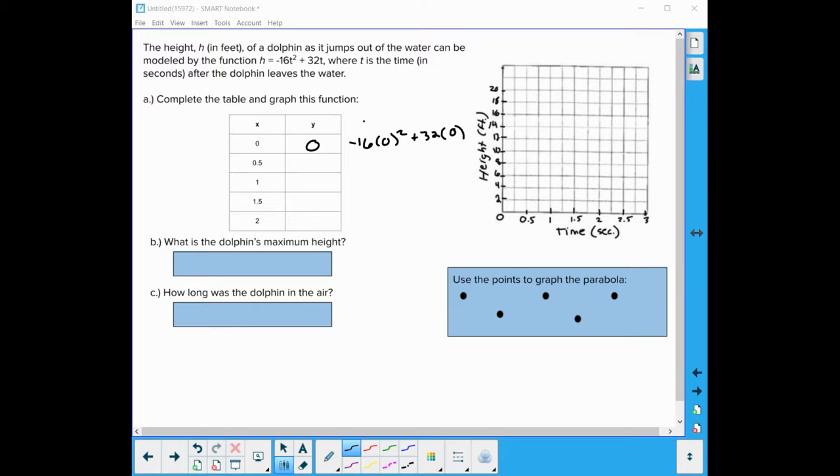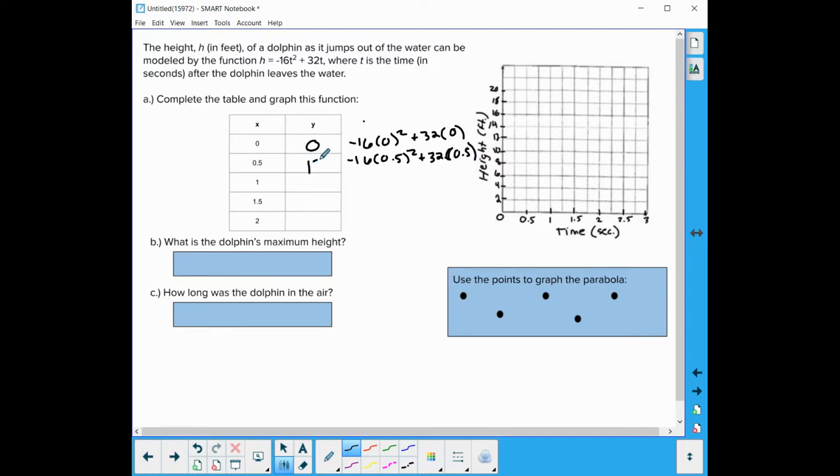Then I'm going to plug in positive 0.5. And when I do that, I get out 12. So now I'm taking the same function I just put into Desmos and putting in 0.5 for t.